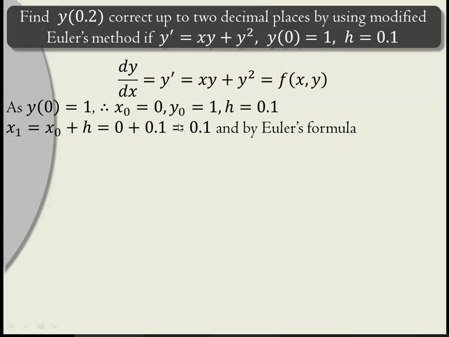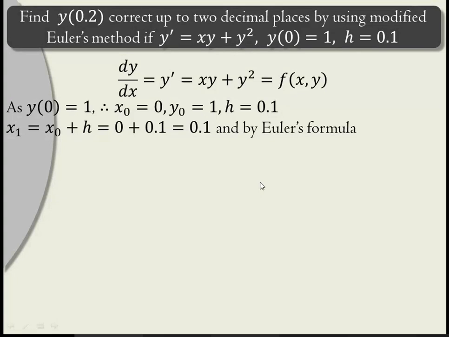By using the first formula, we get y at 0.1. But in this problem, it is asked for y at 0.2. So we have to find the value of y2 also. If it is given 0.3, then we have to find y3. Depending on this, from starting point 0, we have to reach up to 0.2 by using h. So depending on that, we have to simplify.